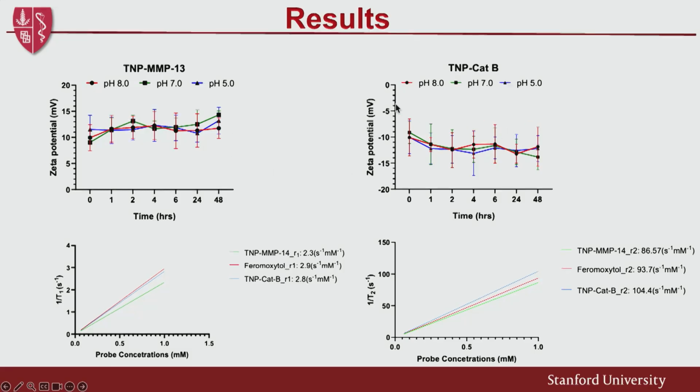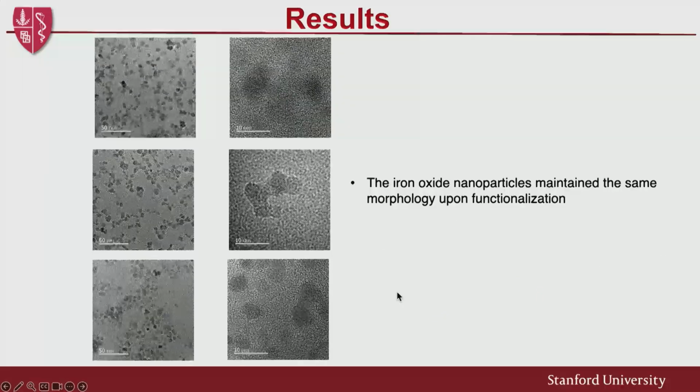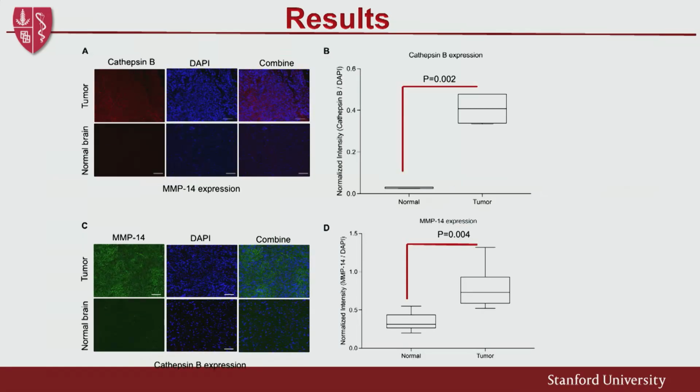As you see here, over 48 hours, in different pH conditions, the TMPs have good stabilities. We did MRI to show the efficacy of the theranostic nanoparticles for imaging purposes. And they were stable and had the same morphology in the TEM imaging.